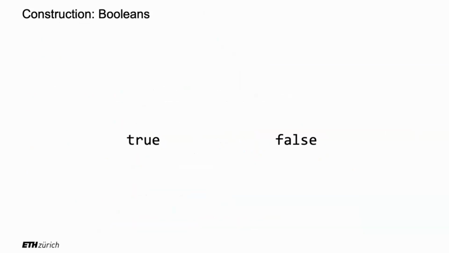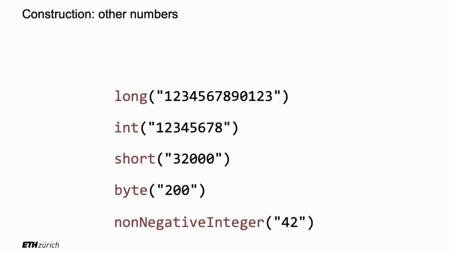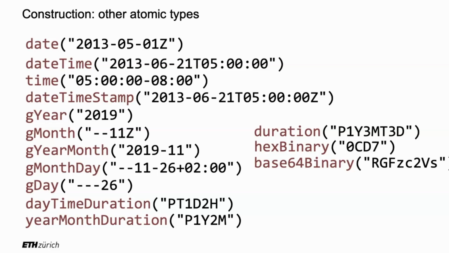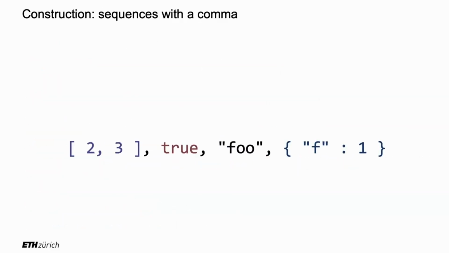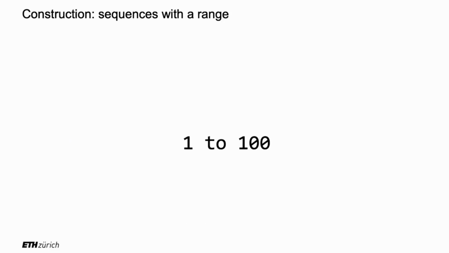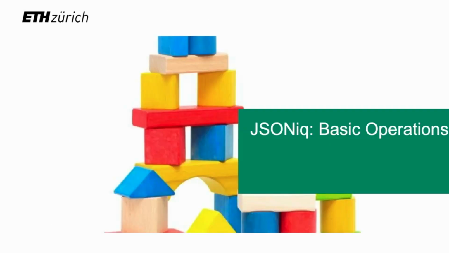So these are all the ways you construct items, atomic items, objects, arrays, these additional built-in atomic types, and sequences of items. So now you know how to navigate, and you know how to build new items and new sequences of items. Okay. Who is with me? Okay, so let's continue then.